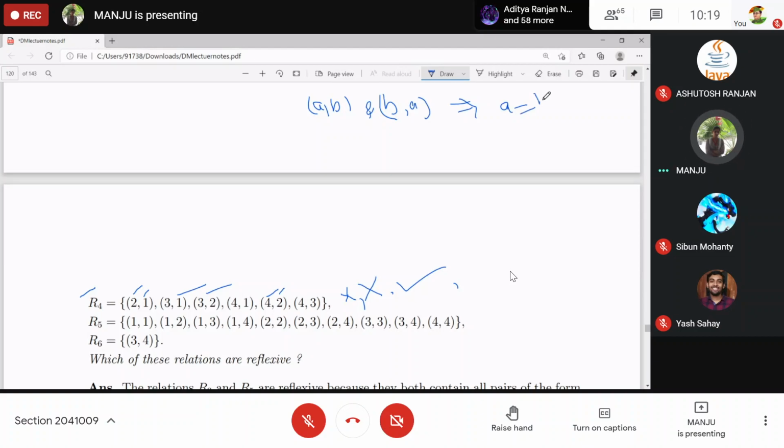Means for A and B not equal, if you have these two ordered pairs, then either one is not related or the other is not related. Means to say, out of AB and BA, at least one pair should not be there. Okay, ma'am, got it.